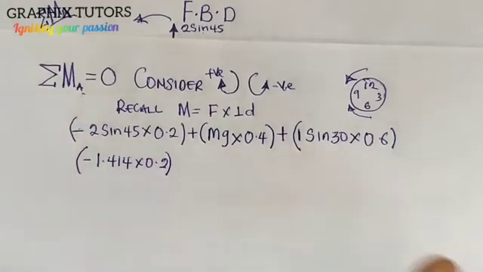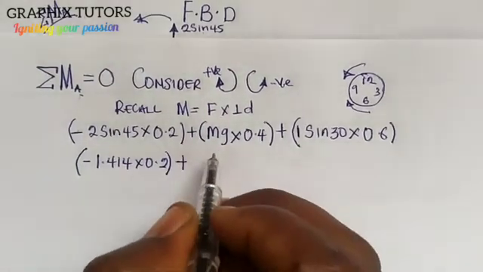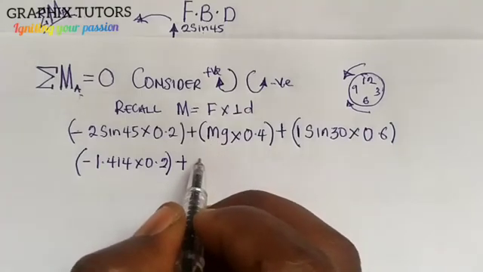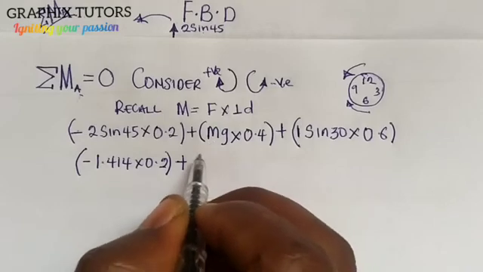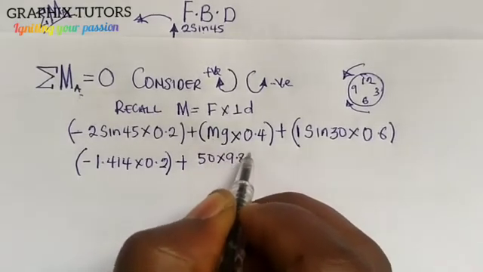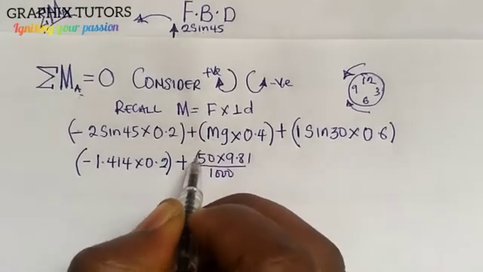And the next one we have here, plus the mass times gravity. We know our mg is giving us what? We said mass is 50 multiplied by the gravity 9.81 divided by 1000. I explained it to you earlier in the video.